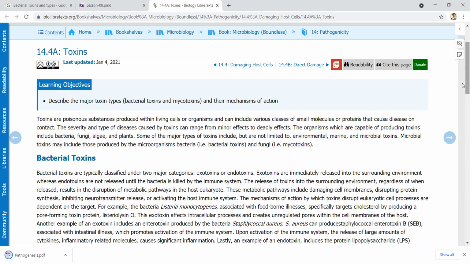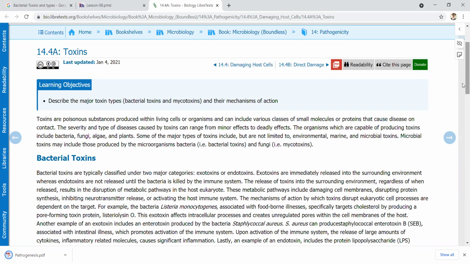So it doesn't matter how long ago the toxin was released; ultimately the toxin will affect the host. The effect is mostly on the metabolic pathway, that is, the metabolic pathway is disrupted.